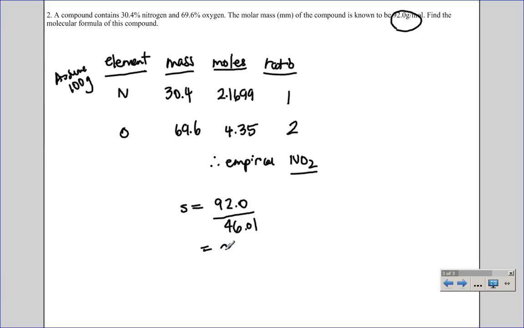And this gives me a nice whole number of 2. So that's my multiplier. Because the molar mass of my molecule is double that of the empirical formula, the empirical formula must be doubled in order to obtain the molecular formula.